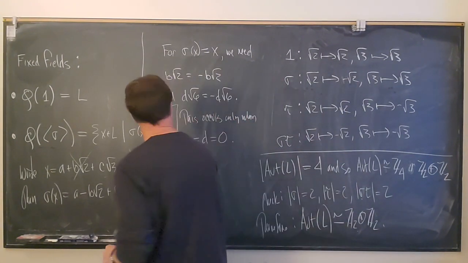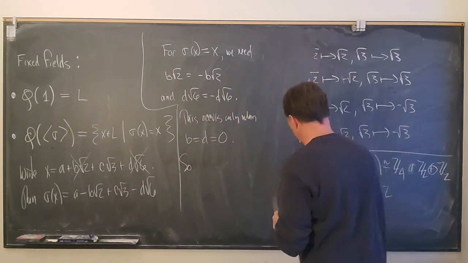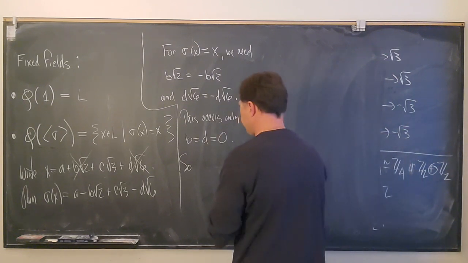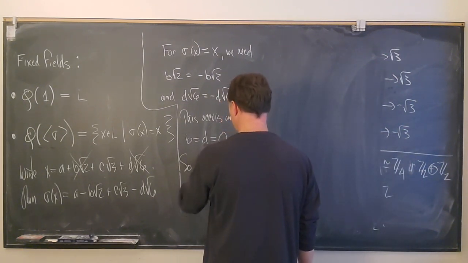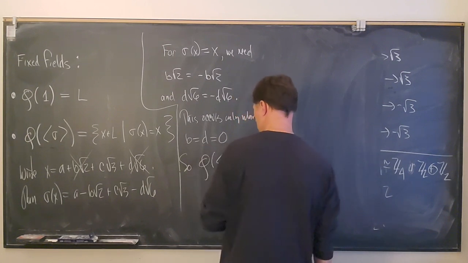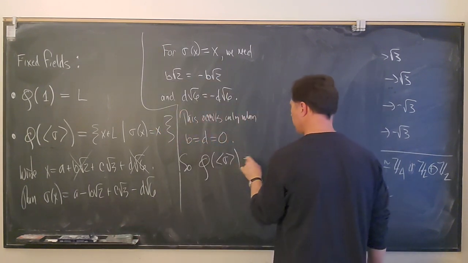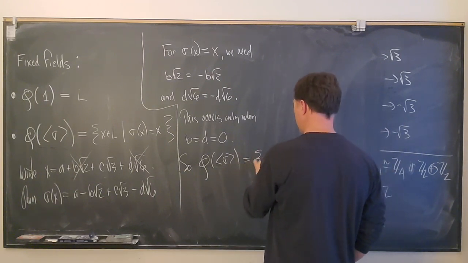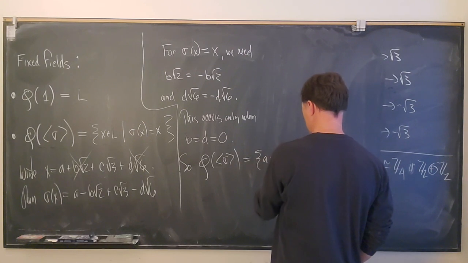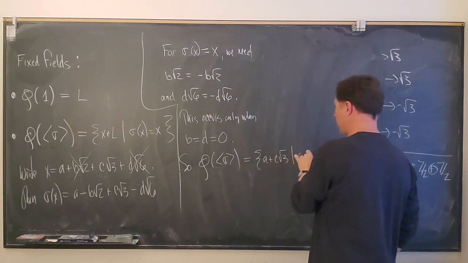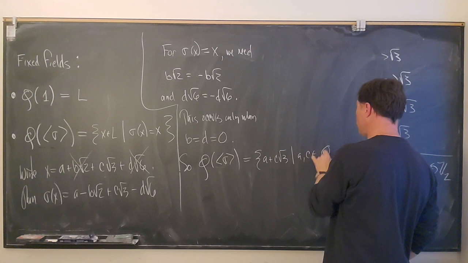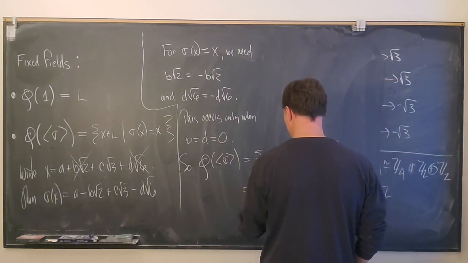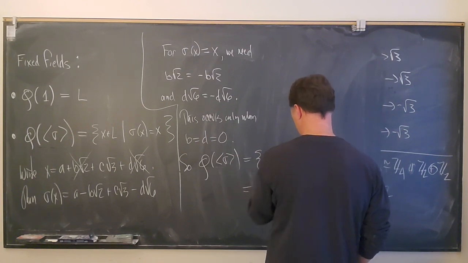So the fixed field of the subgroup generated by sigma is equal to the set of all elements of the form a plus c root 3, where a and c are elements of Q. And we have a nice symbol for this, right? This is exactly Q adjoin square root of 3.